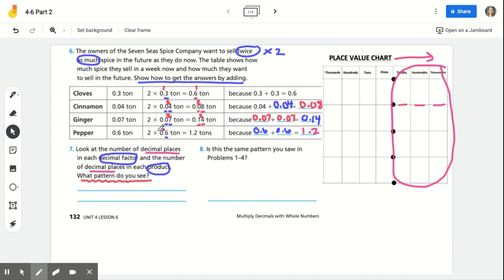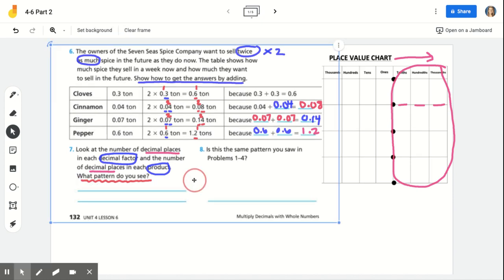Let's take a look at the last one. 6/10, 1 decimal place. 1 2/10, how many decimal places? Yep, it has to be 1. 1 and 1. Okay, let's type that into our book. I'm going to type it into my book, and you're going to write it into your book.